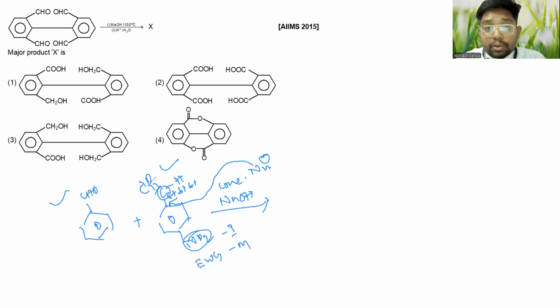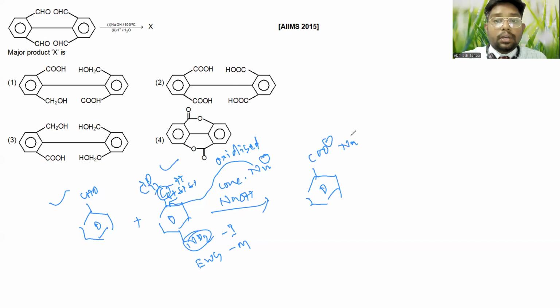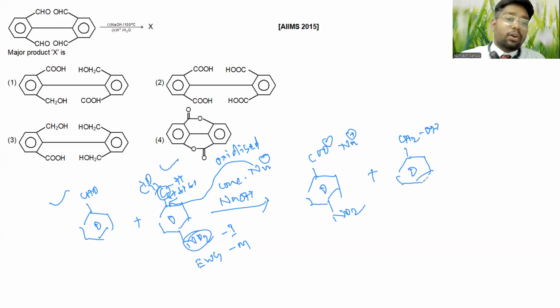So as it is more reactive towards nucleophilic addition, this one will be oxidized. So the product you will get is COO minus Na plus with NO2, and another product will be CH2OH, normal. So this one will be reduced and this one will be oxidized.